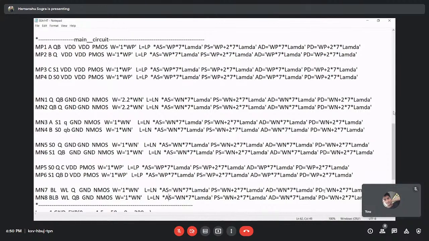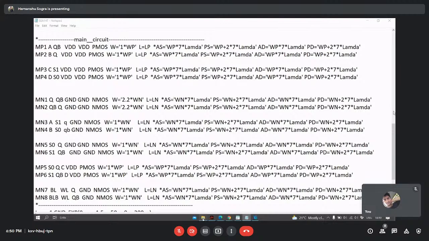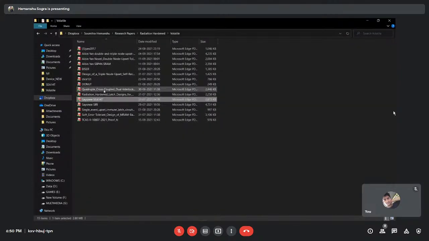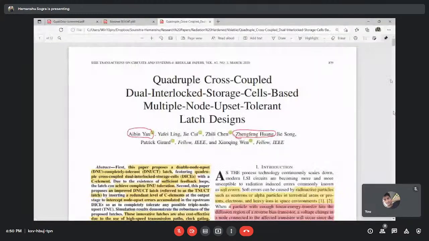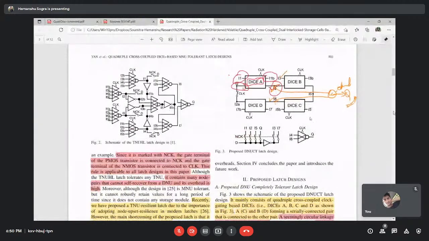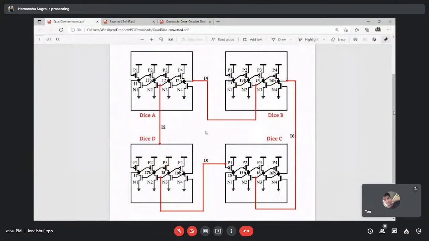TNU later on. So first we'll have to write the code for the DNU setting, this one, at transistor level.